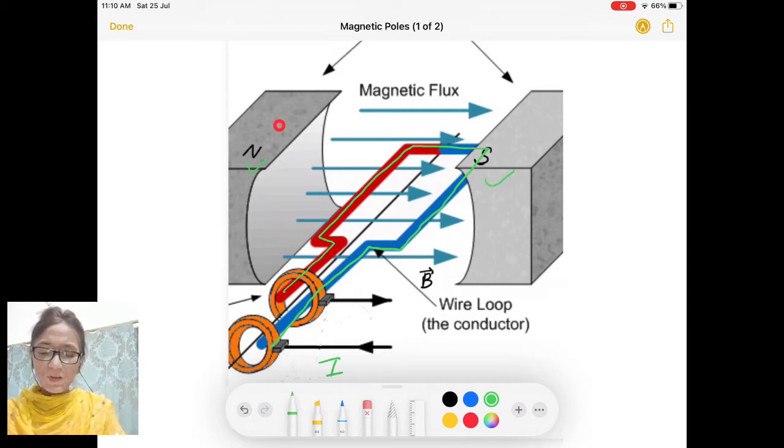You will observe that instead of translating from one place to another, it rotates at its initial place. This rotational effect is called torque.